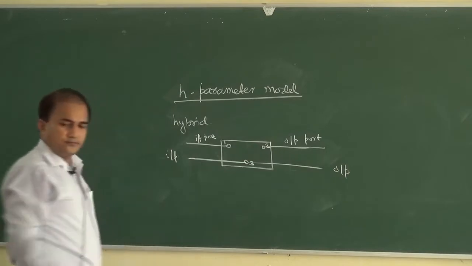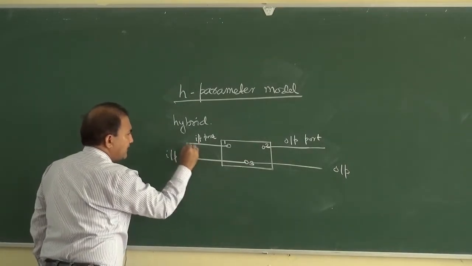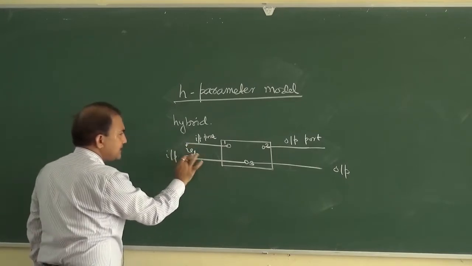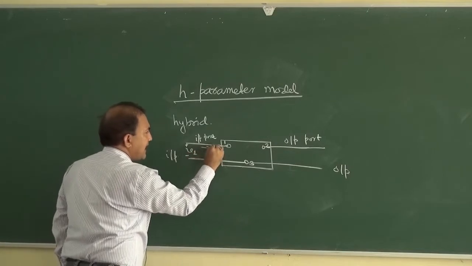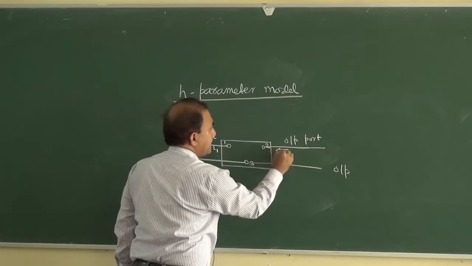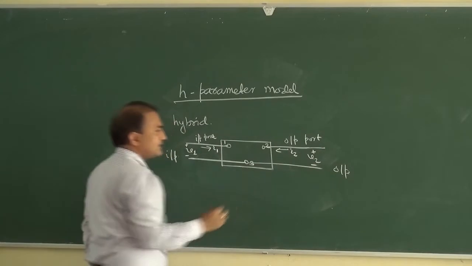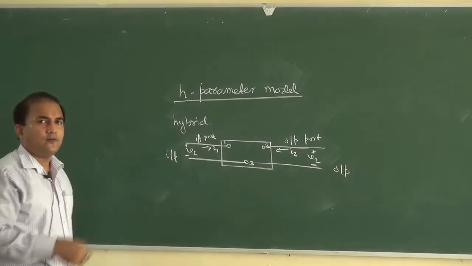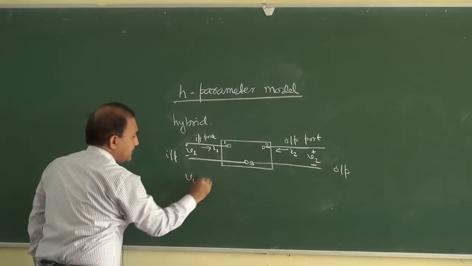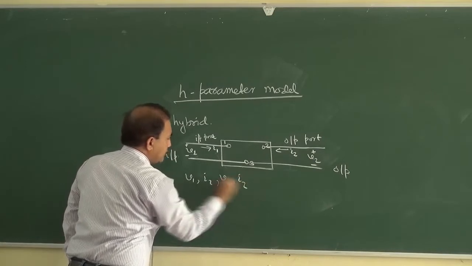So suppose V1, with plus and minus, is the input voltage, and I1 is the input current. Similarly I2 and V2 are the output current and output voltage. How can we relate these four quantities V1, I1, V2 and I2?